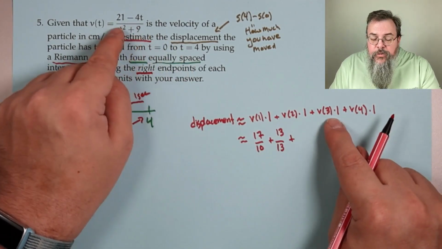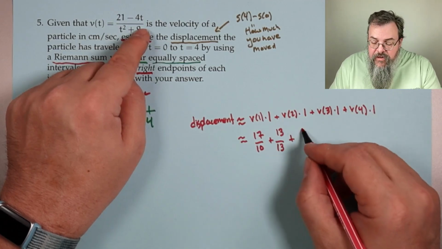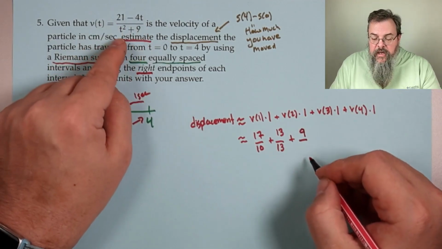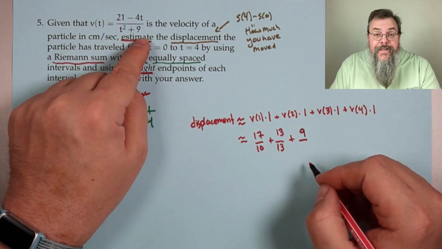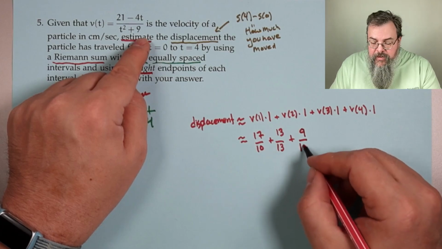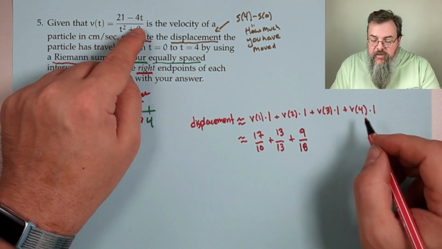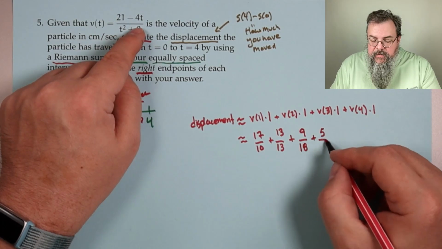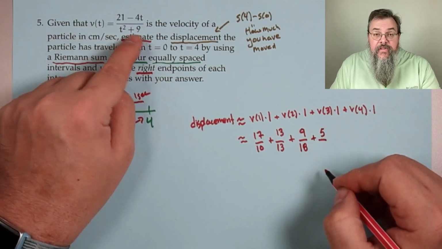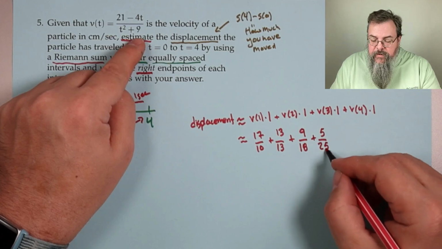All right, v of 3: 21 minus 12 is 9, and then 9 plus 9 is 18. And then plug in 4: 21 minus 16 is 5, and 16 plus 9 is 25.